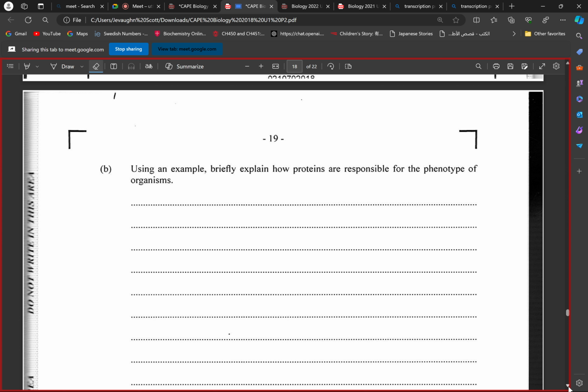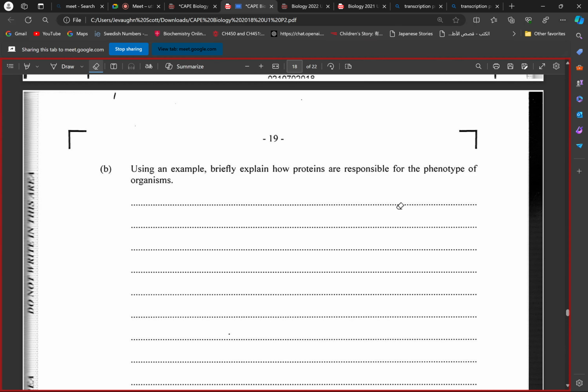So if the proteins are different, let's say that the cell produces a different endoplasmic reticulum, or it produces different cell membrane proteins, because proteins are different, right? The structure of the proteins will determine how the organism goes through metabolism, how it uses cell communication, how the organism looks. So the different types and structures of proteins will be responsible for the phenotype of the organism.